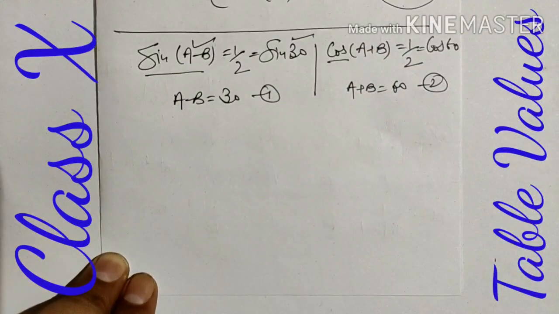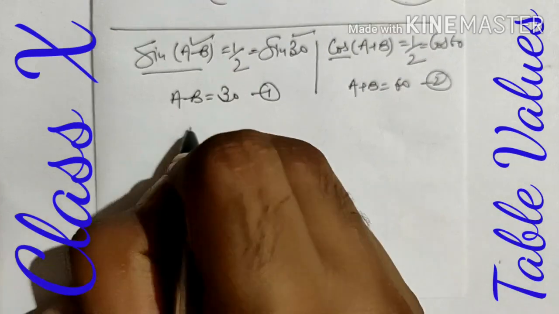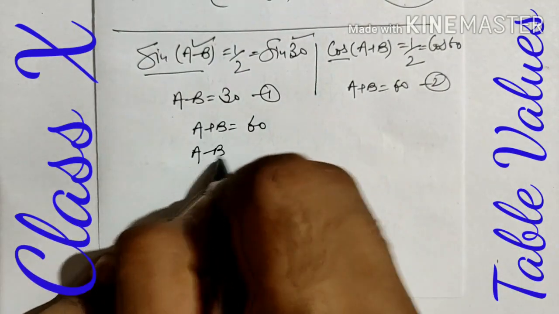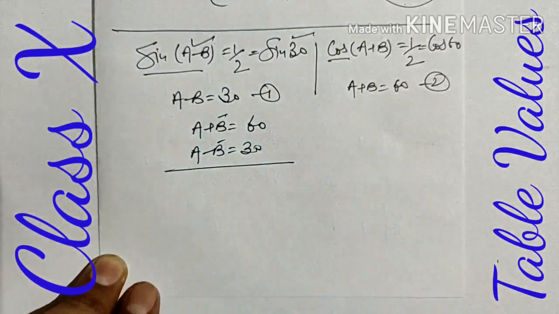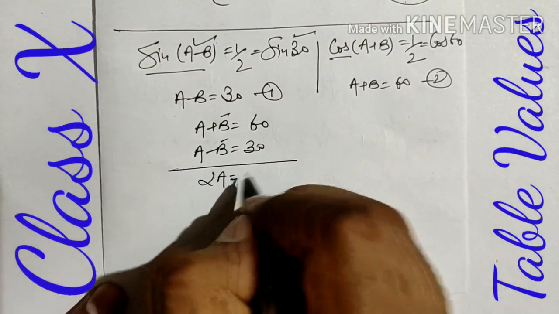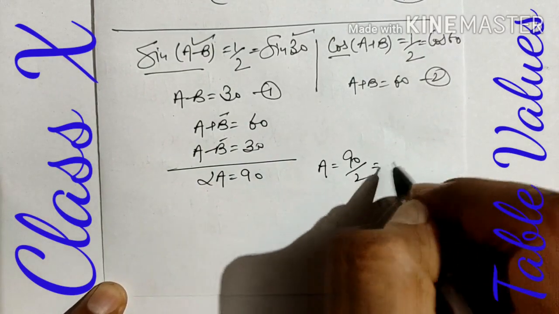We have to think of two values here: the sum of two numbers should be 60, the difference is 30. We are going to solve by elimination method, in which we equate the values. Here B's are equal. If we add them, B cancels out. 2A becomes 60 plus 30, 90. So the value of A becomes 90 divided by 2, 45.